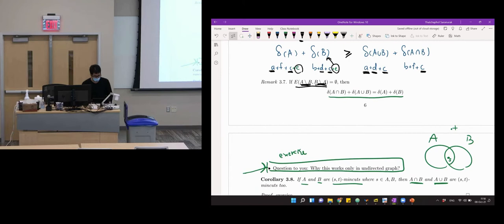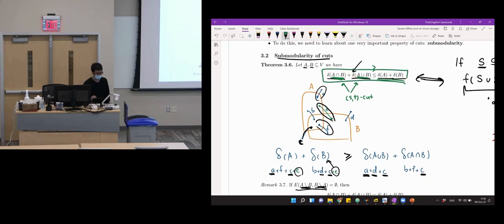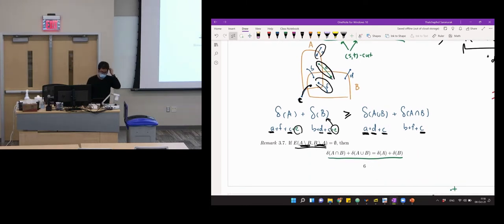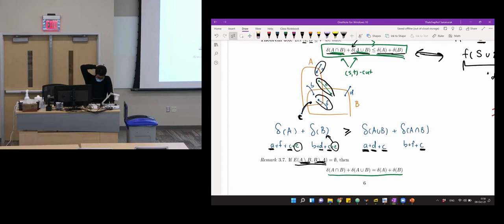So can you give me a simple example where this actually goes wrong, where this thing is the number of edges going out? Any suggestion?